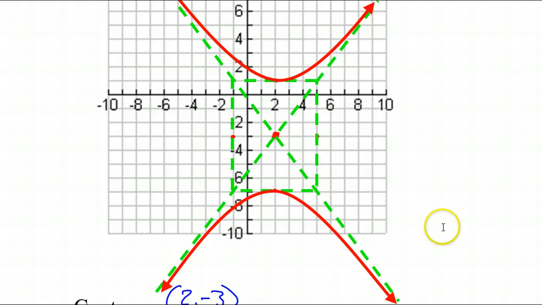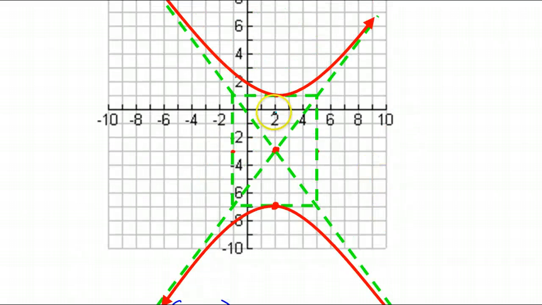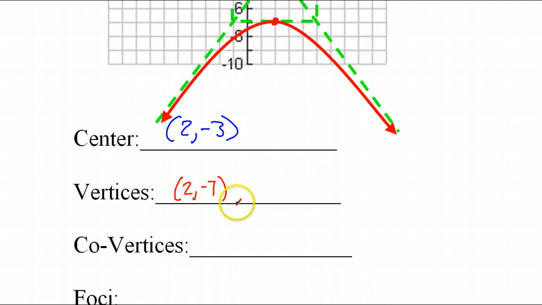Now let's get the rest of this going on. So the vertices are these points right here. Here's a vertex. That is 2, -7, one of them. And this is going to be the other vertex right here. That's 2, 1. Those are the two vertices.